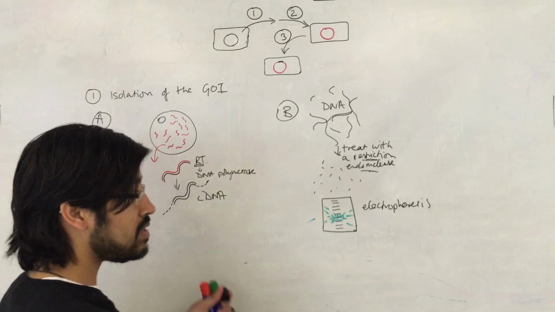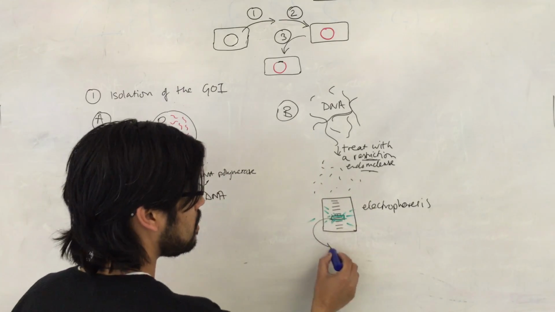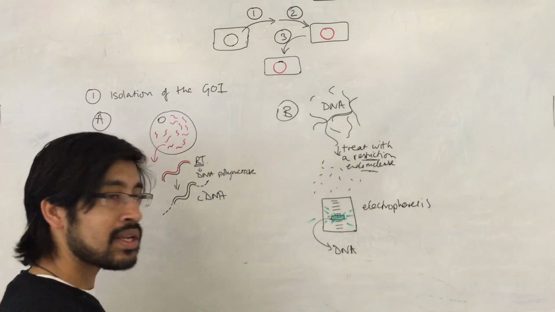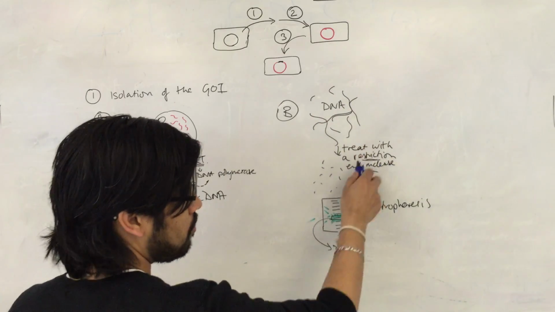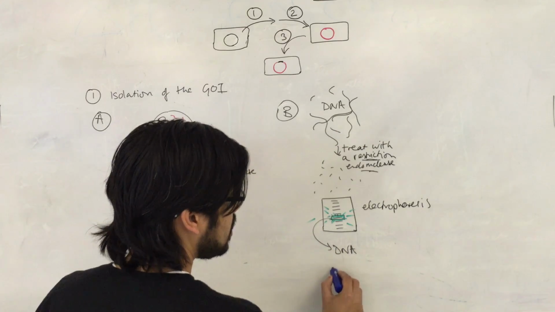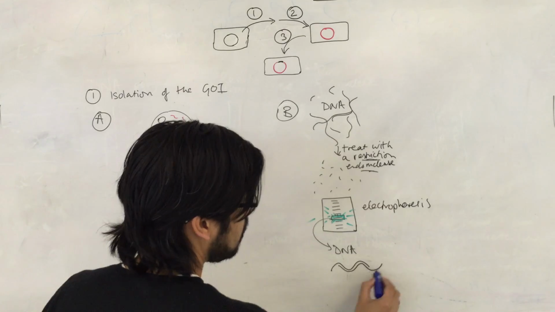So we can just physically cut this out of the gel, extract the DNA, and we will have our double-stranded DNA with sticky ends, because remember we used a restriction endonuclease. So we just cut out the DNA and it will already have sticky ends.